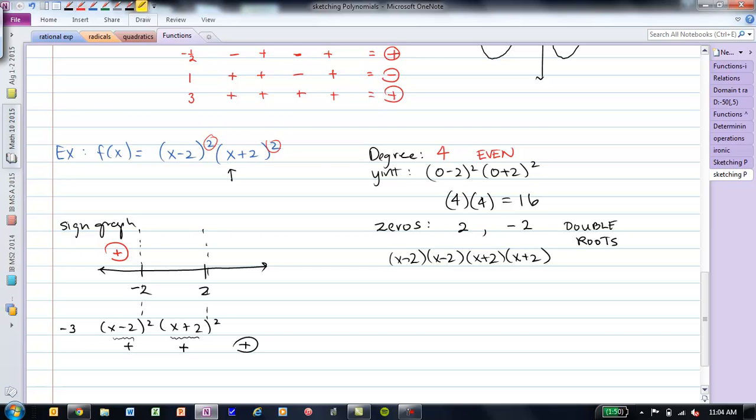Now let's look at our area between negative 2 and 2. Let's pick 0, because 0 is easy. If we pick 0, I would get a negative 2, but negative 2 squared is positive. I would get positive 2, and positive 2 squared is positive, so the final thing is positive.